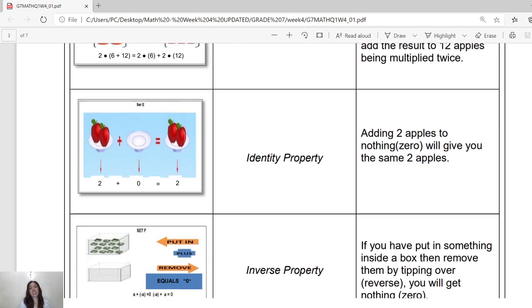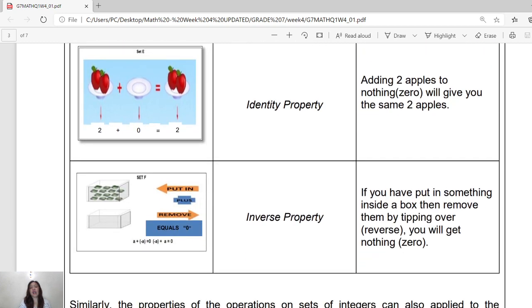They're just the same. Next, we have the identity property. For the identity property, we have an example: 2 apples plus empty, or 0, is just the same as 2 apples. So that is the identity property. Then here is another one.